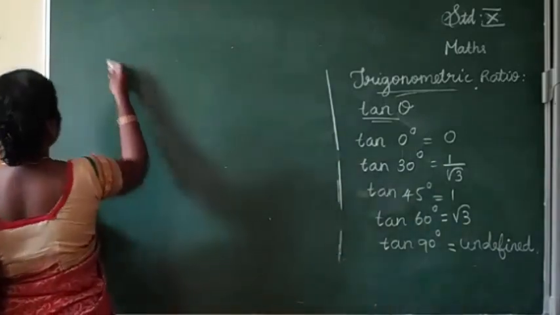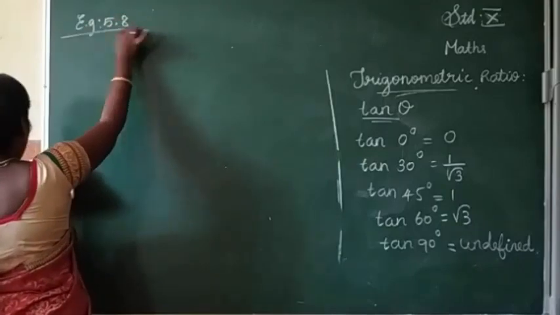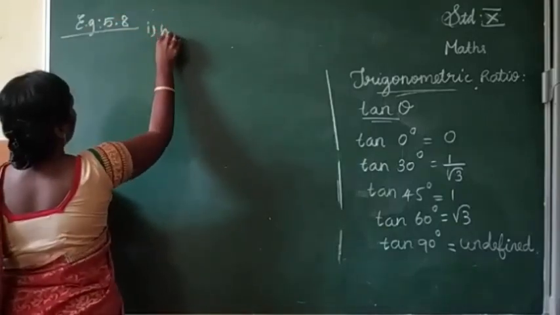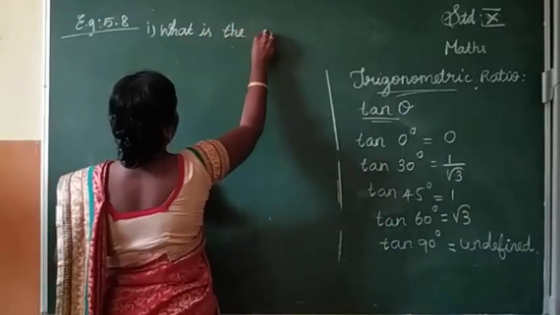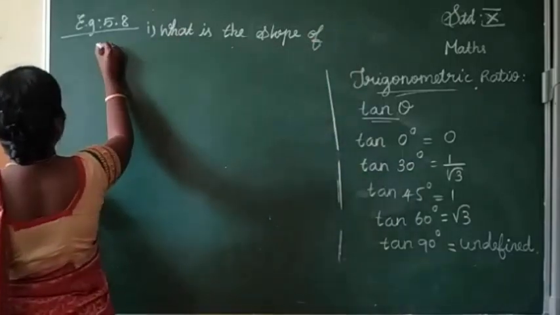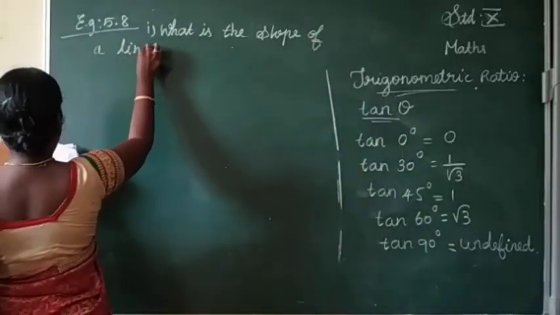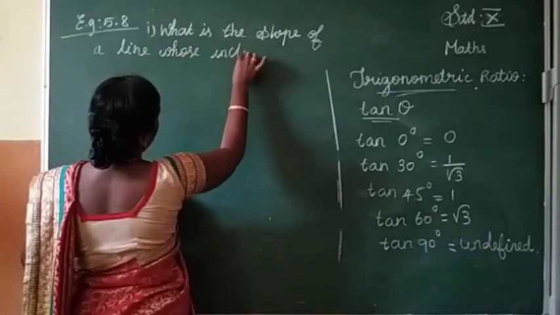Example 5.8. What is the slope of a line whose inclination is 30 degree?